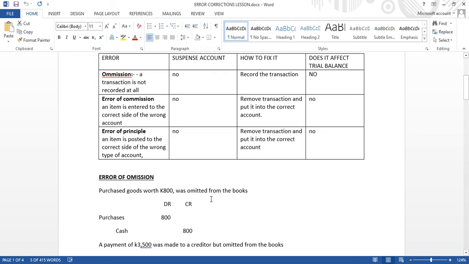A payment of 3,500 was made to a creditor but omitted from the books. For this transaction, what two accounts are involved?